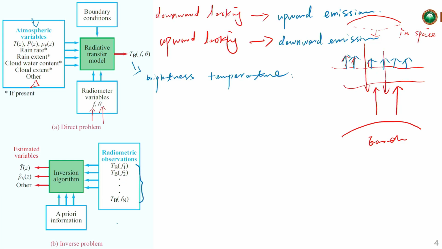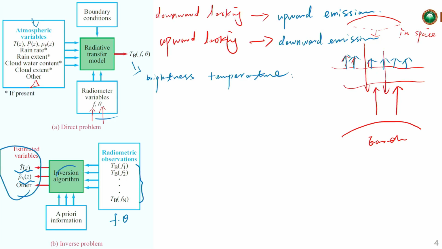It evolves with respect to frequency and with respect to the elevation angle, as shown here. Also, they need prior information, for example, about the boundary conditions and other measurements from other devices, and we're going to obtain the temperature profile, density profile, pressure profile, and the other variables here. So what we want to do is get that.